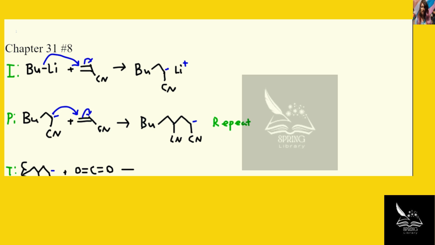And so rather than attacking another acrylonitrile monomer, our polymer chain this time attacks this carbon dioxide. And so that's going to look like this. So this carbon is attacked. One of these double bonds will break like that, and the electrons will revert to the oxygen.